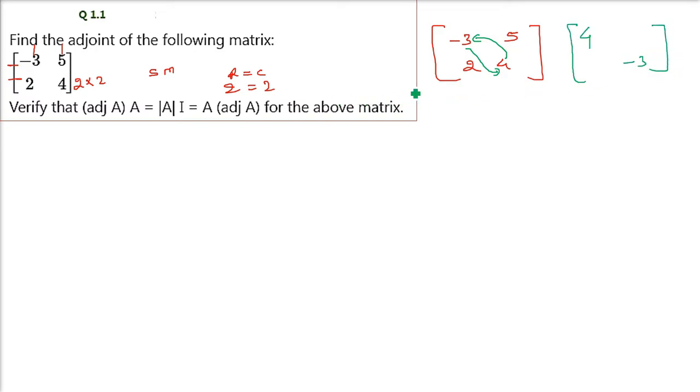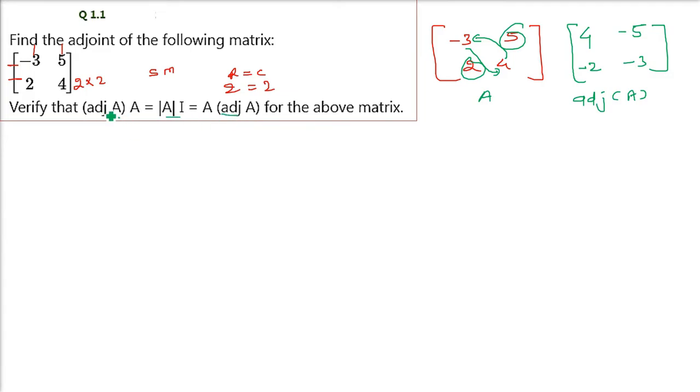And what about the 5 and 2? This is your A, this is your adjoint A. For the 5 and 2, you have to change the sign. So 4 and -3 have been exchanged, and 5 and 2 get the negative sign.